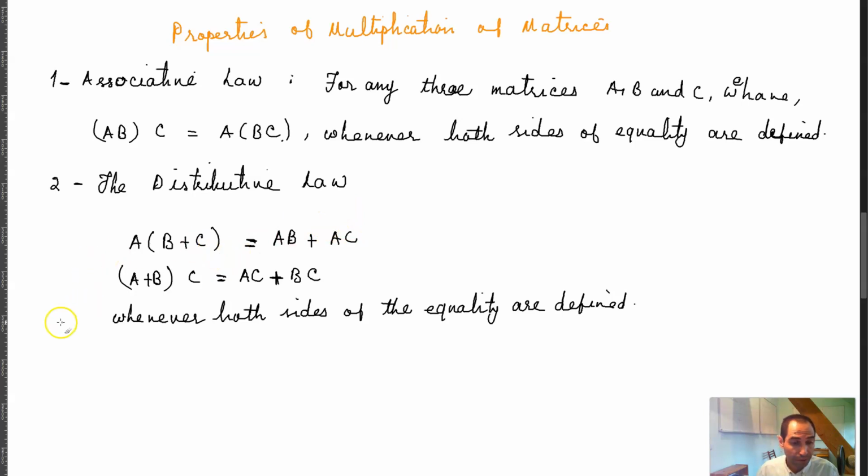Now the third thing that we have here is called the existence of multiplicative identity.